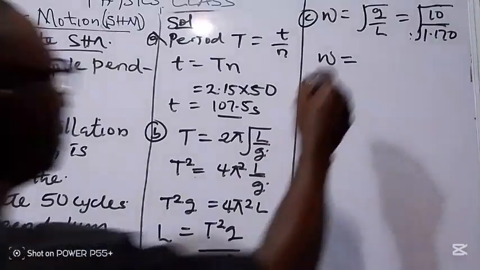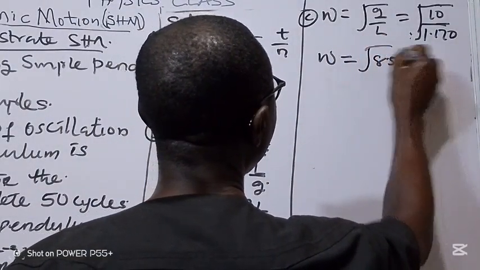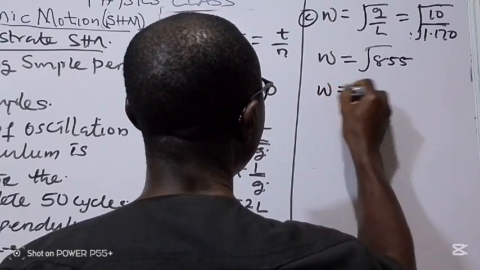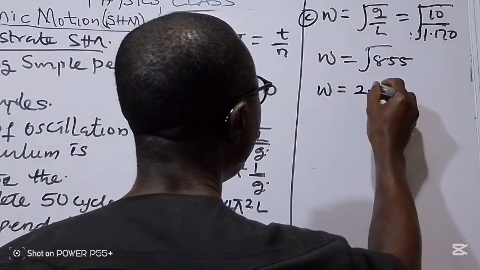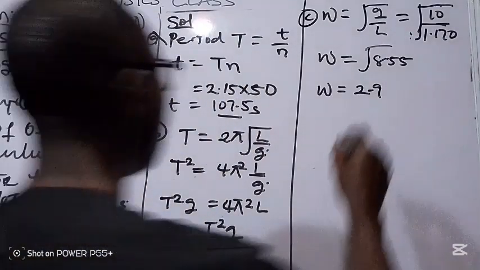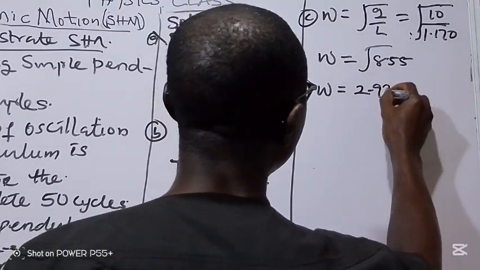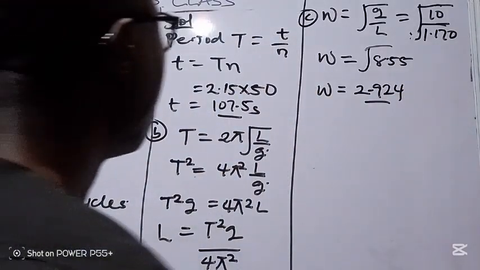And the final answer for this one will be equal to 2.924. And the unit of angular velocity will be rad per second.